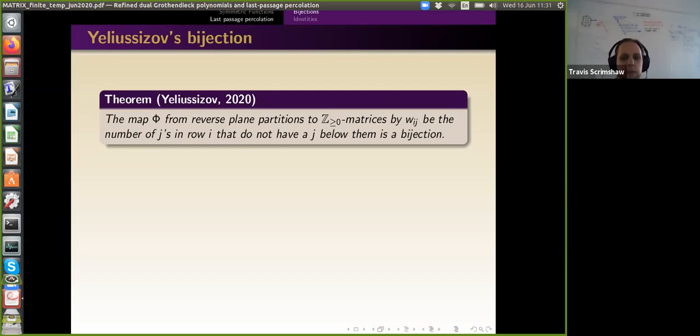In other words, it's counting the j's that contribute to the weight of the reverse plane partition. And this gives us a bijection.